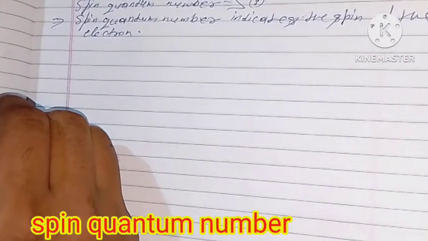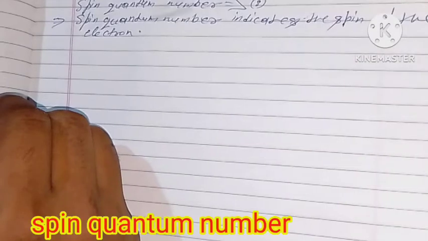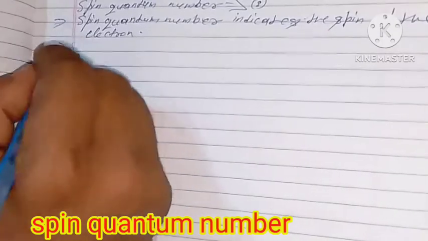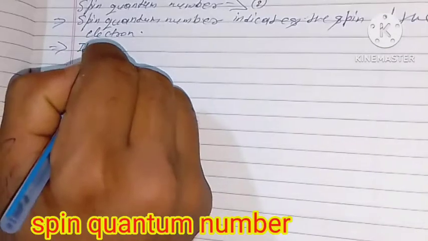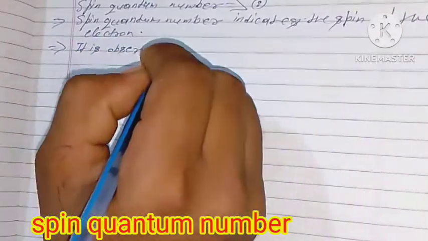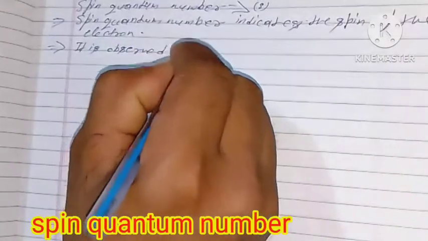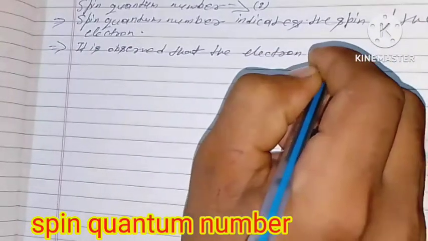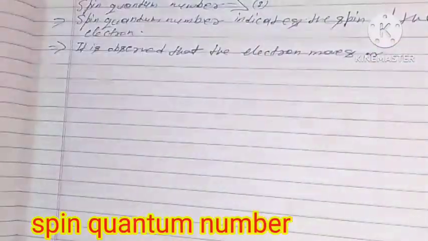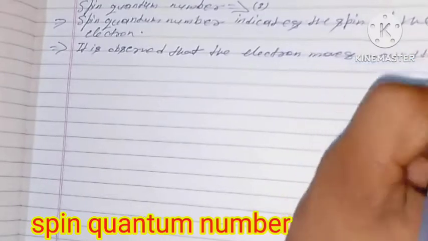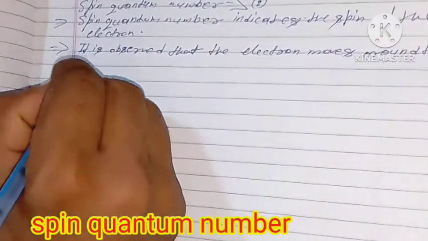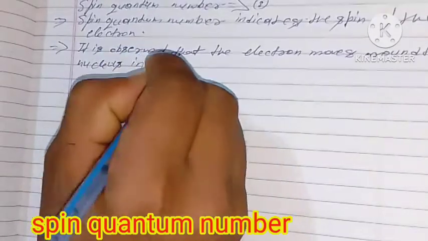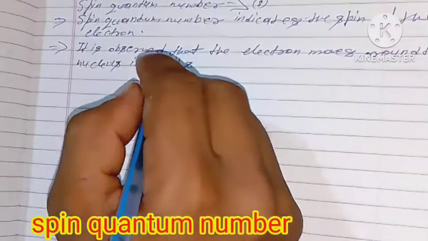It is observed that the electron moves around the nucleus in orbits and at the same time spins around its own axis.